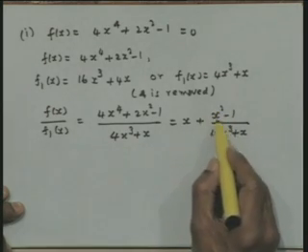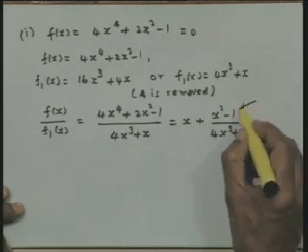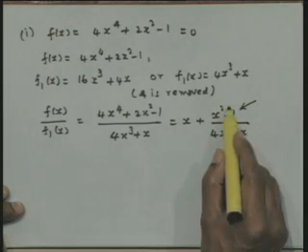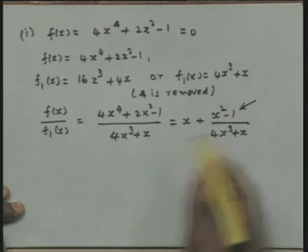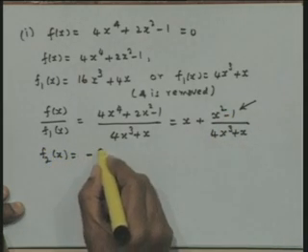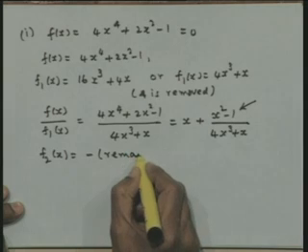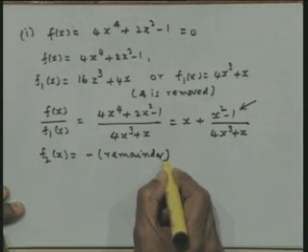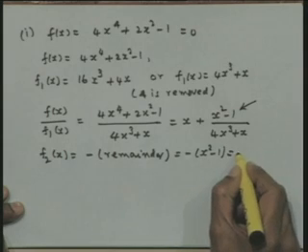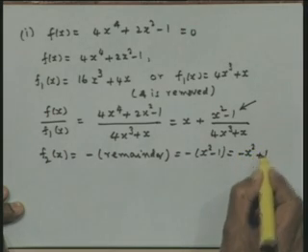Therefore I denote f2(x) as the opposite sign of the remainder, that is minus the sign of x^2 - 1, which is -x^2 + 1.